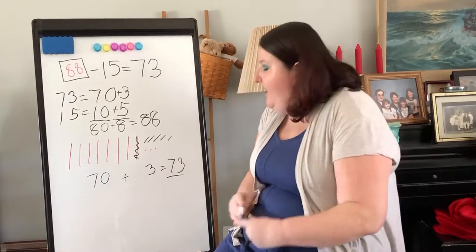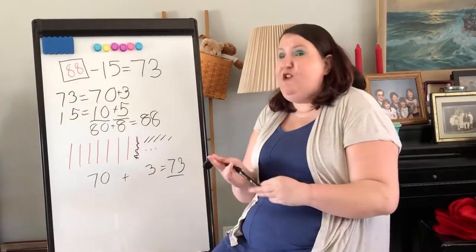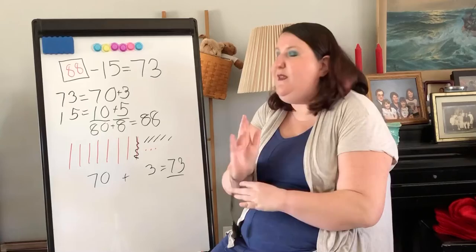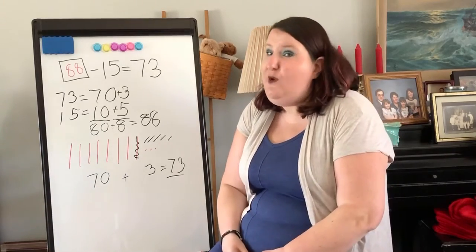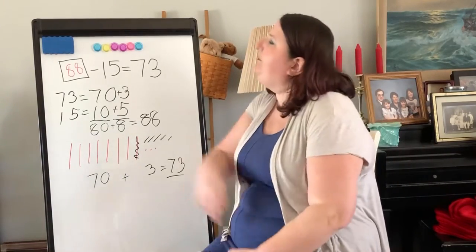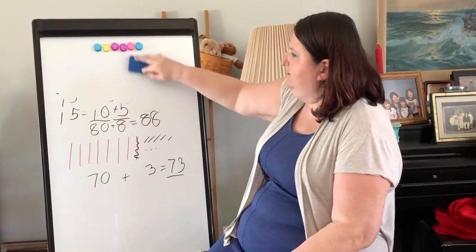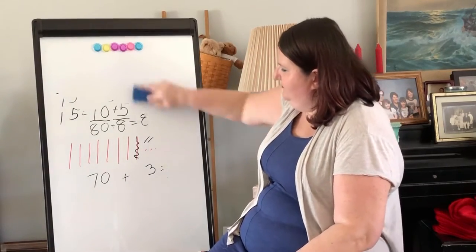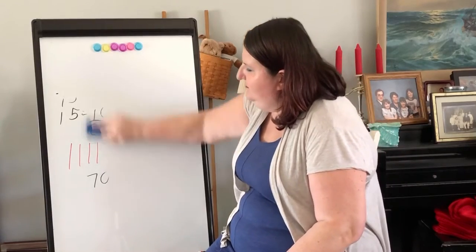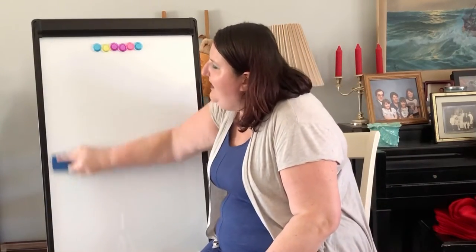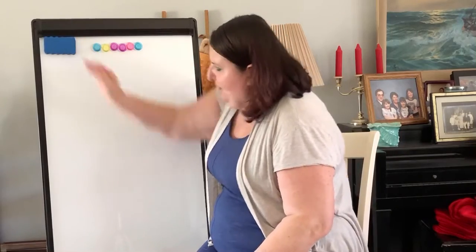Now, let's try another problem. This time the start will be unknown, but instead of seeing that subtraction sign, you're actually going to see an addition sign. So I'm going to erase my board. And let's go ahead and try something new.